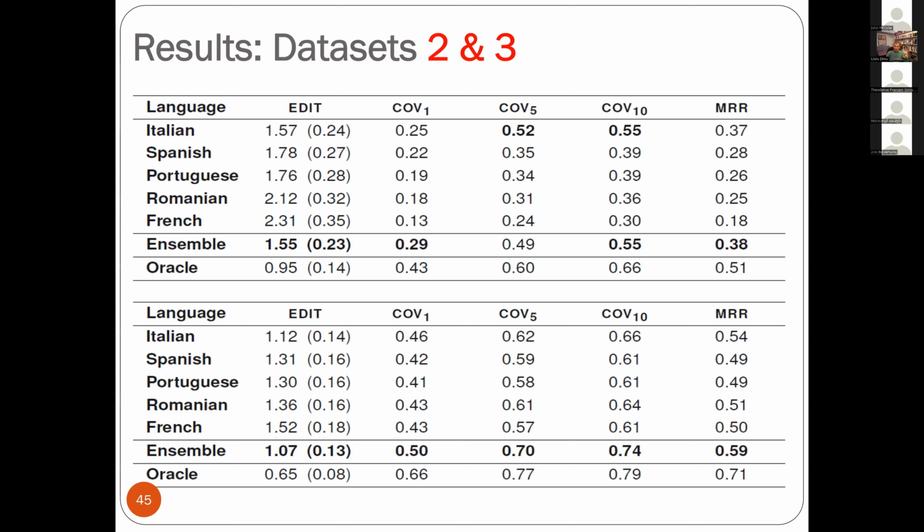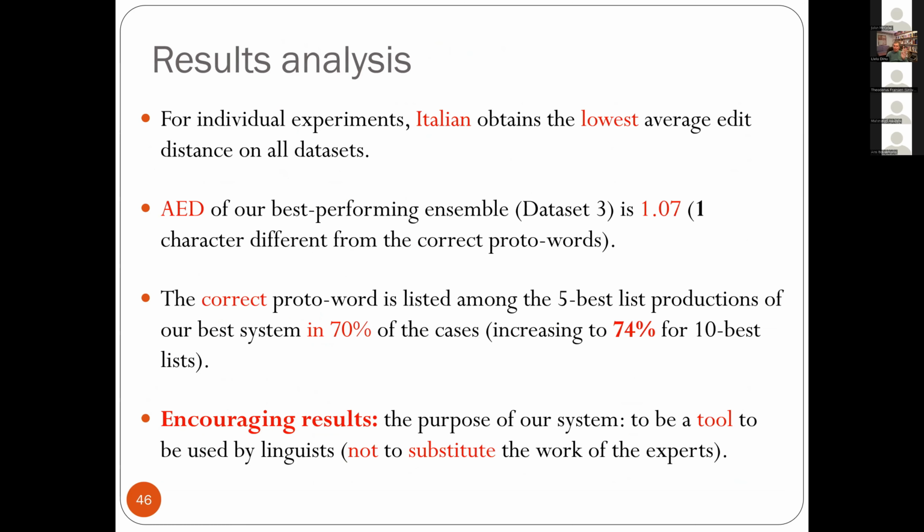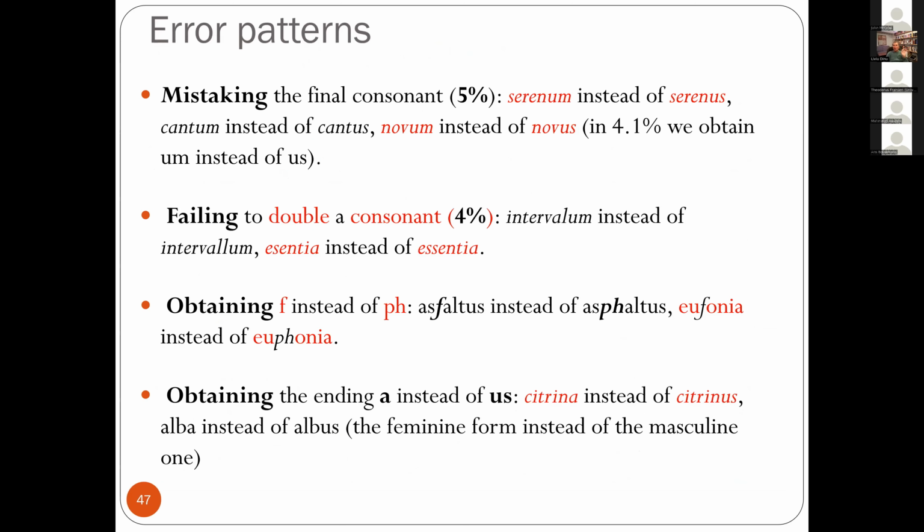However, when we look at the results on the largest dataset and make the error analysis, we see some interesting results. For example, mistaking the final consonant. In 5%, we obtain serenum instead of serenus. Our methodology said, okay, this is an error.